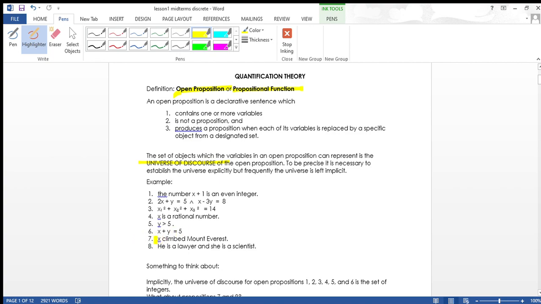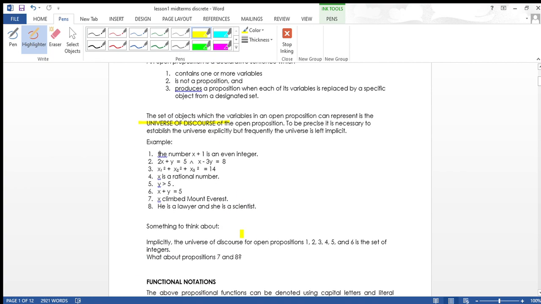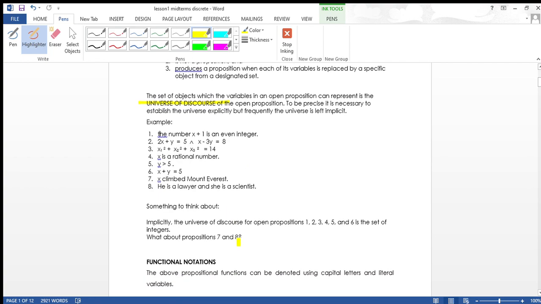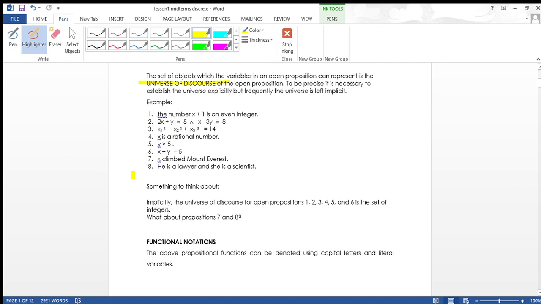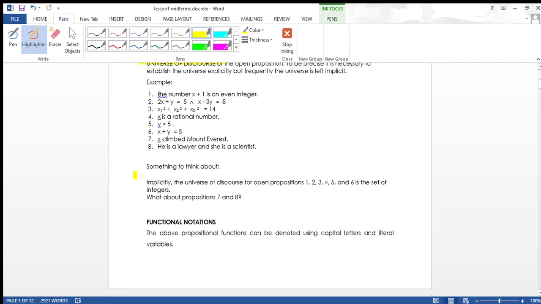We don't know who that he is, and we don't know who that she is in that given sentence. This note here is just mentioning to us that for numbers 1 to 6, we can use the set of integers, while for propositions 7 and 8, as I have given earlier, we may refer to some people involved in the sentence.